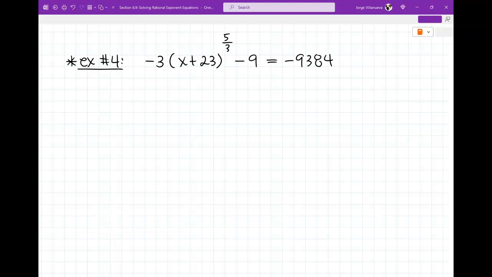All right, so I want to isolate x plus 23 to the 5/3. Right now it's being multiplied by -3 and it's being subtracted by 9. So the first thing I'm going to do is move that -9 over to the other side.